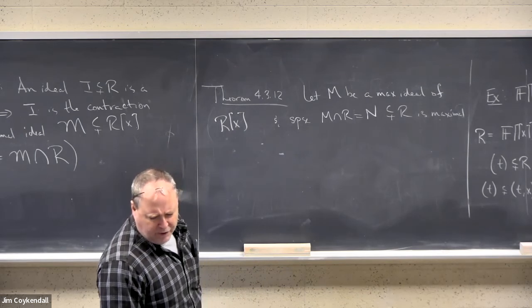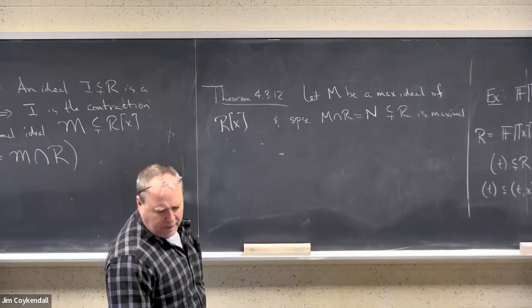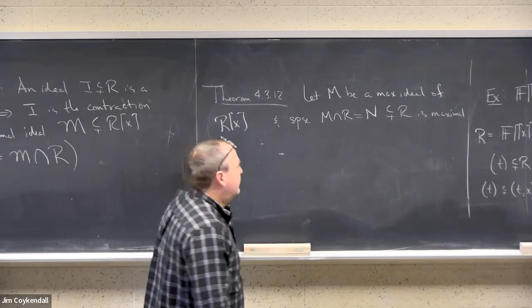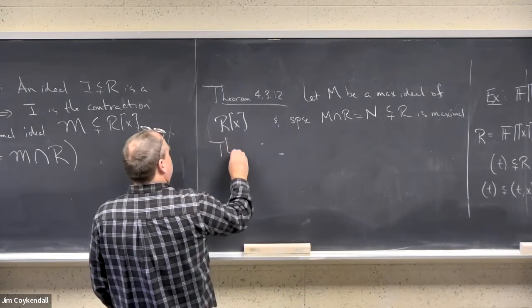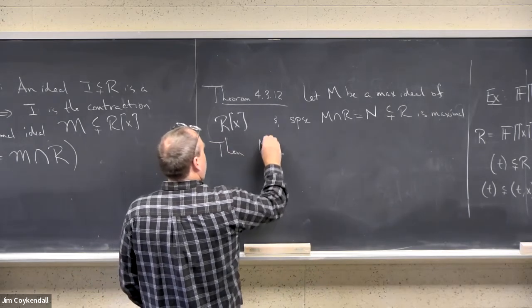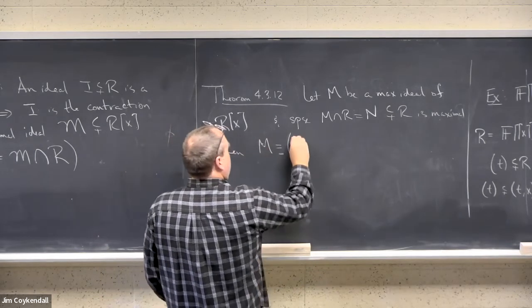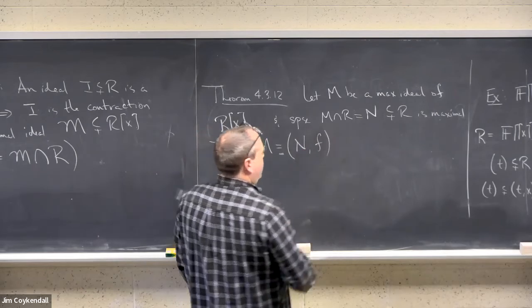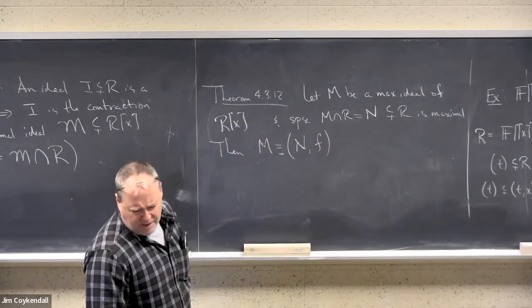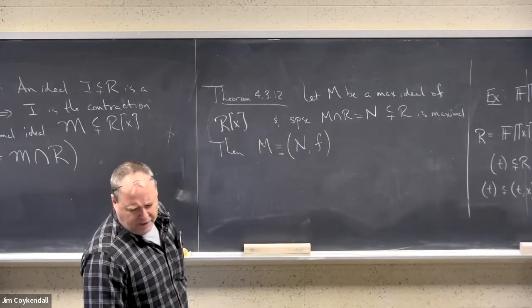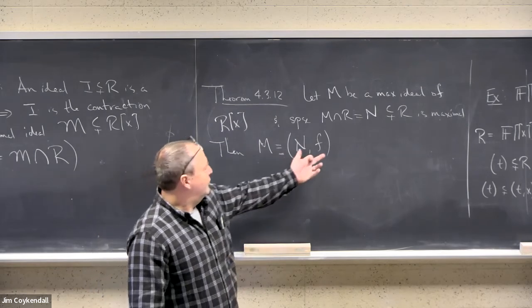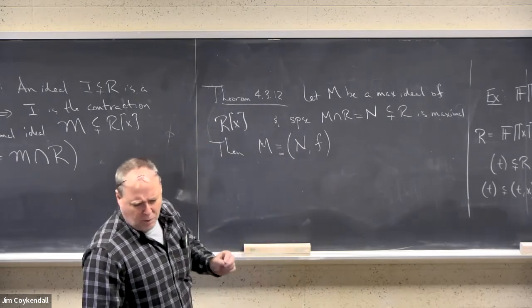Then M can be generated by N and one more element of Rx. Then M can be generated by the stuff in N, so that is just a step down coefficient ring, plus one more generator.